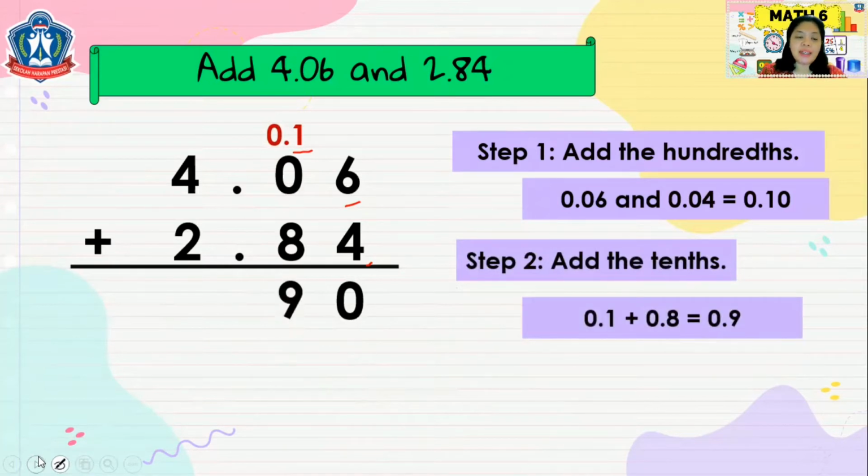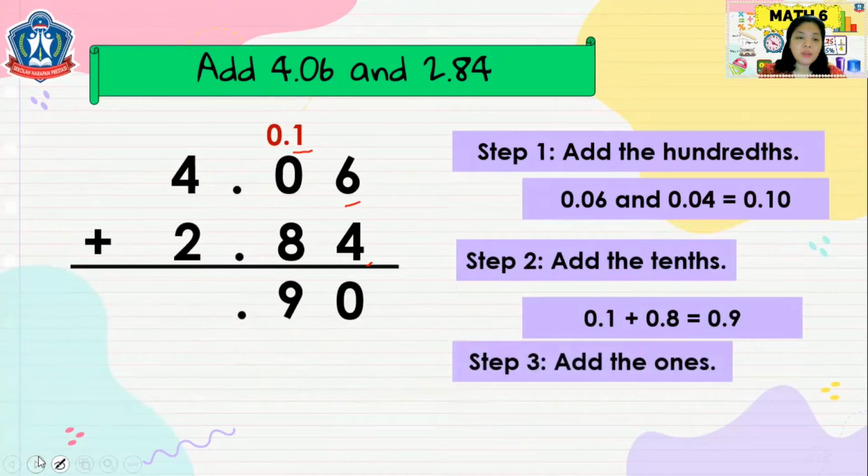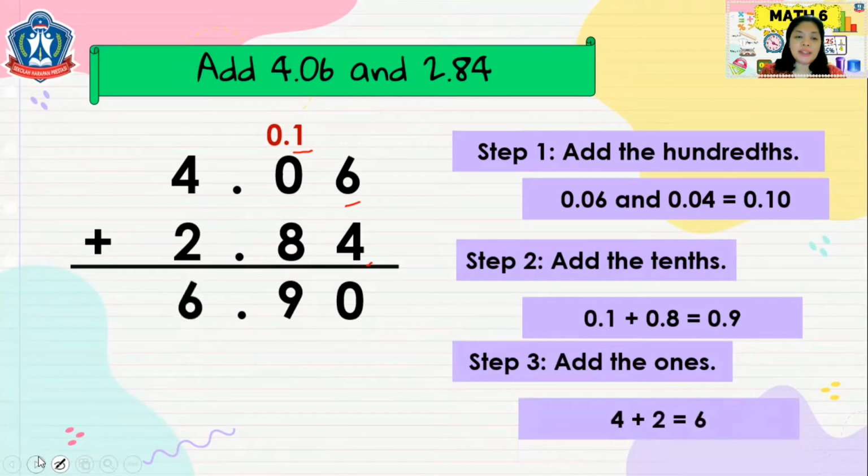Next, we will add the whole numbers, or the ones. So 4 plus 2 is 6. So our answer is 6.90. So in this case, children, we can remove the 0. So our answer is 6.9.